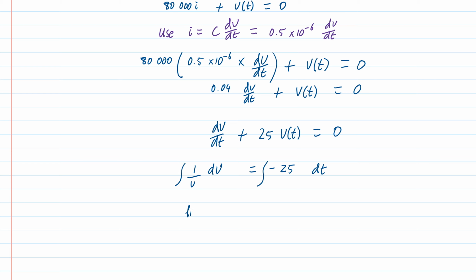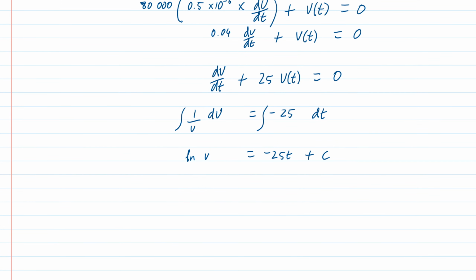The left-hand side gives me the natural logarithm of V, and the right-hand side gives me negative 25t plus a constant of integration. I would also have a constant of integration from the left-hand side, but I'm just bundling both of those together into this one arbitrary constant. Solving for voltage, I take the exponential of both sides and bring my arbitrary constant to the front of that exponential, giving it a new name.